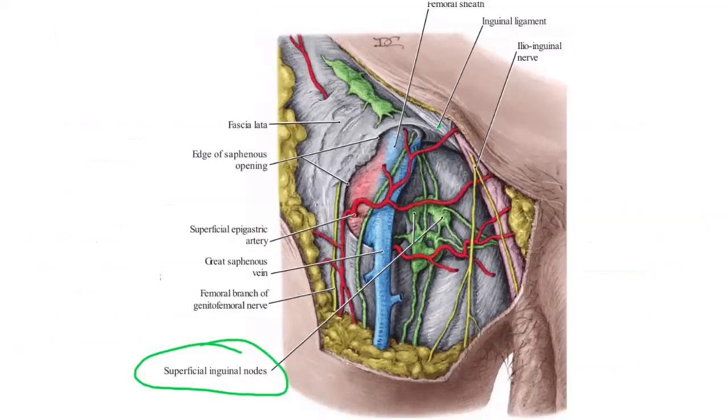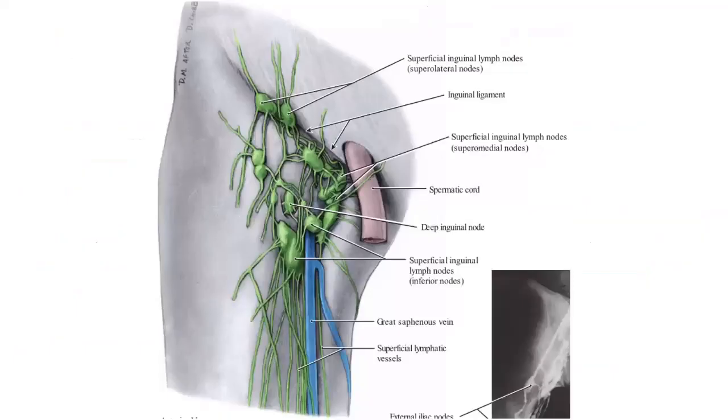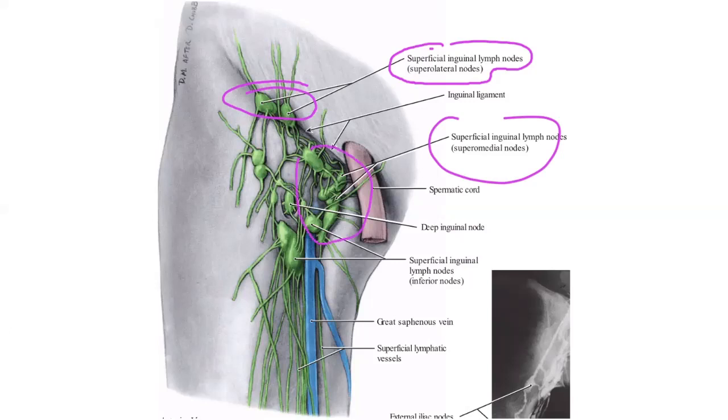Okay, we have already seen that. You see, this is the superficial inguinal lymph nodes, superolateral, and superomedial. These are the superomedial, superolateral, and these are the vertical, inferior nodes. So these are the superficial lymph nodes, right?